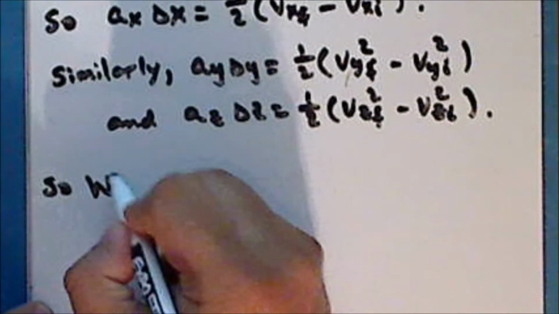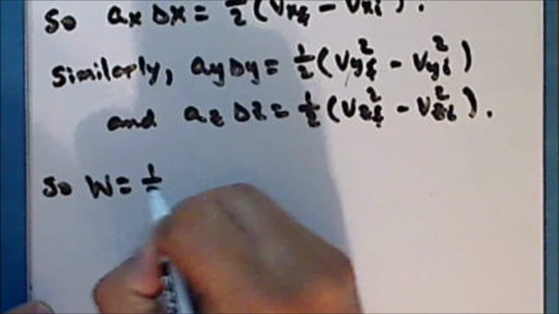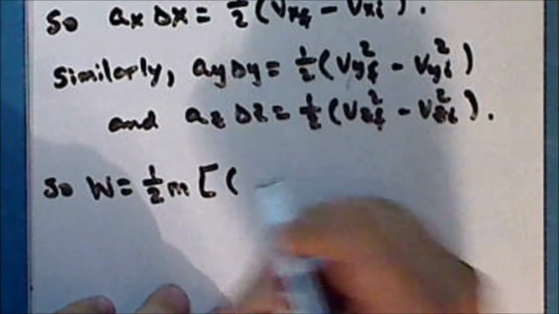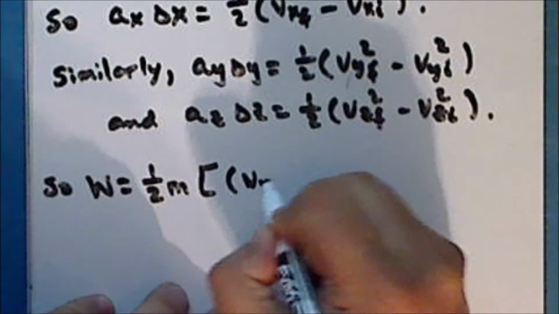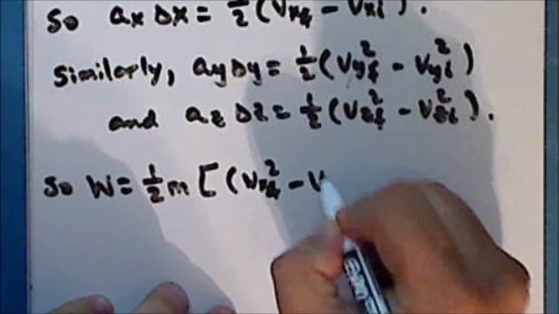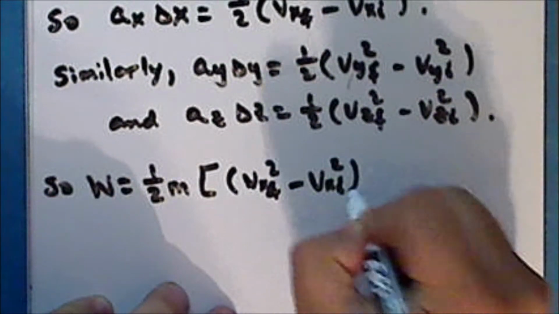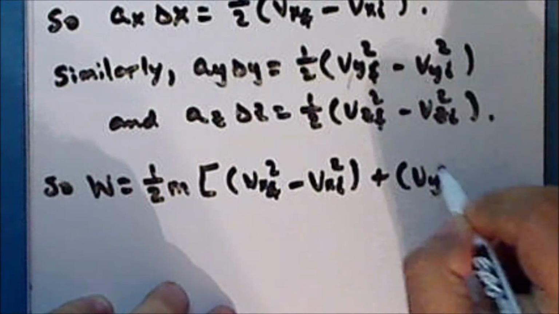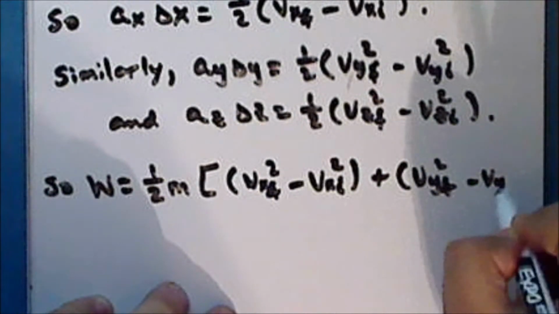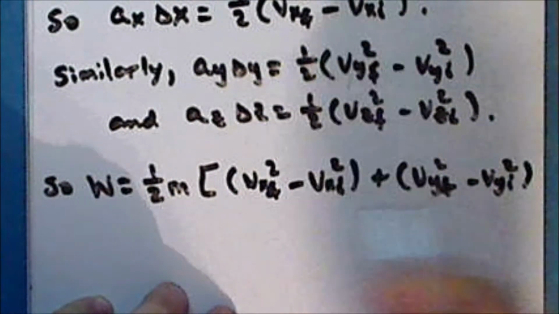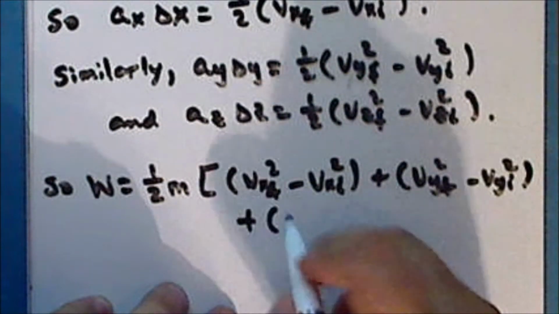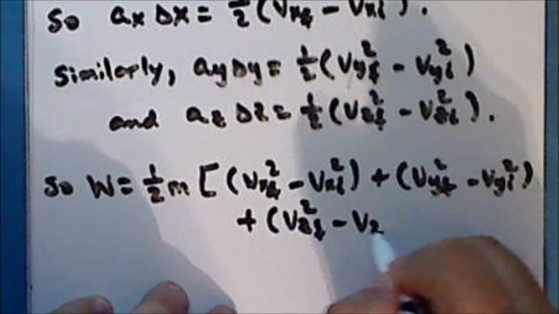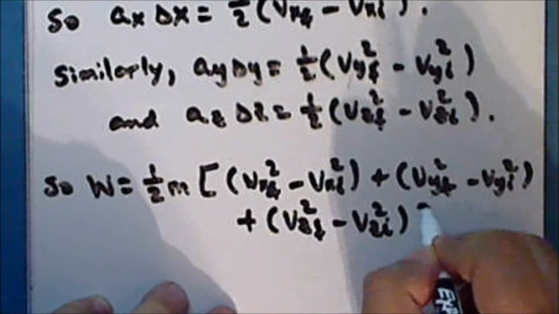And so the work is equal to 1/2 the mass times the quantity, v sub x final squared minus v sub x initial squared, plus v sub y final squared minus v sub y initial squared, plus v sub z final squared minus v sub z initial squared.